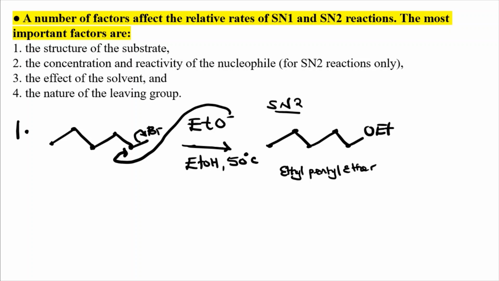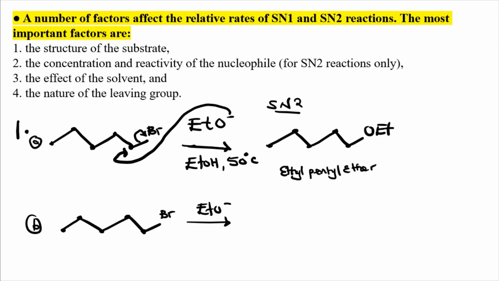Now, this is not the only reaction that can happen. The other mechanism by which this can react is this one here. So 1, 2, 3, 4, 5, the bromine, and then you've got the ethoxide here. The ethoxide is a base.